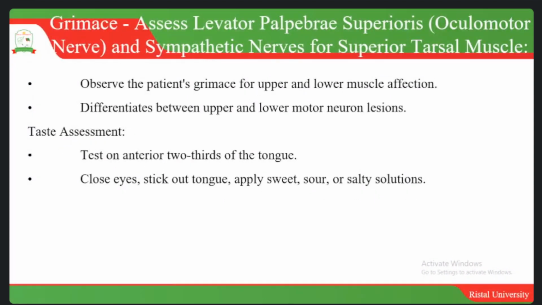Because when you give someone something sour, there is a way the person will express it, and it is due to the facial nerve. So all this can be assessed in relation to the facial expression of our patients, and we shall be able to explain whether the patient has a problem with the nerve or not.